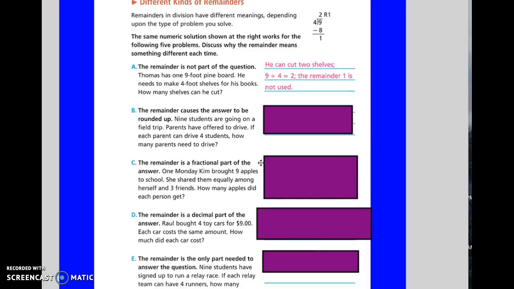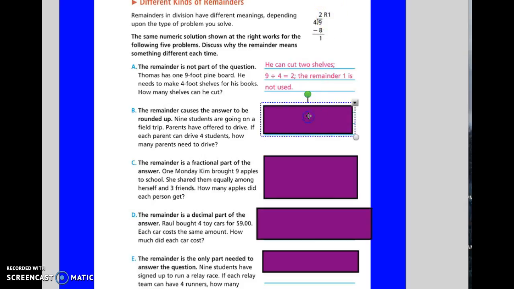In B, it says the remainder causes the answer to be rounded up. So it says 9 students are going on a field trip. Parents had offered to drive. If each parent can drive 4 students, how many parents are needed to drive? So we have 9 students total, and each parent can drive 4. So if I do our division, we get 2, but then there's a remainder of 1.